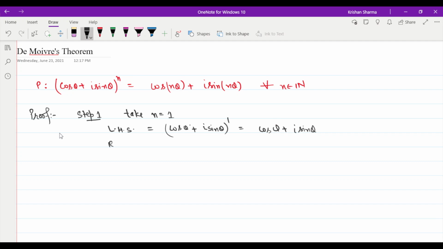Now take the right hand side. What will that be equal to? That will be equal to cos of 1 times theta plus iota sine 1 times theta, which is nothing but cos theta + iota sin theta. So you see that LHS is equal to RHS.